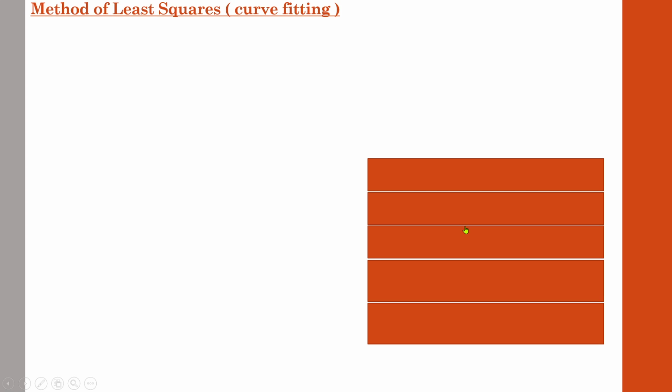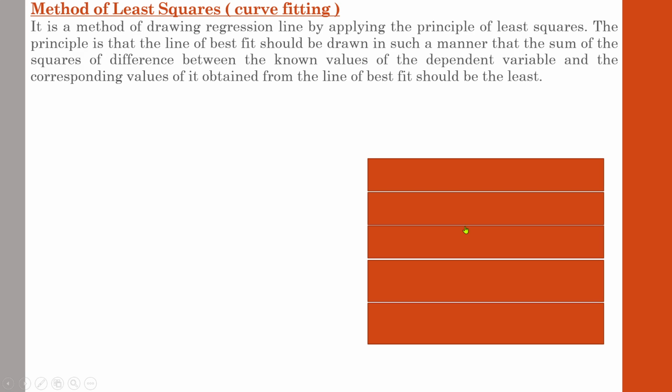Next one, method of least squares, otherwise known as curve fitting. Method of least squares is a method of drawing a regression line by applying the principle of least squares. Least squares is actually a mathematical method for representing numerical data in graph form.